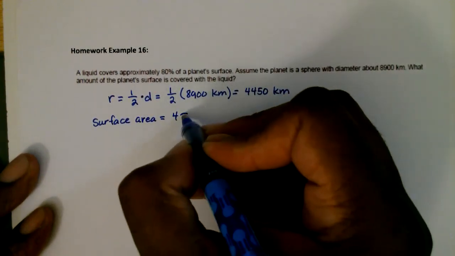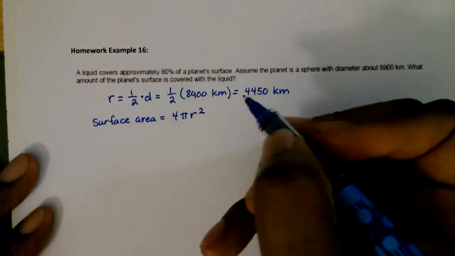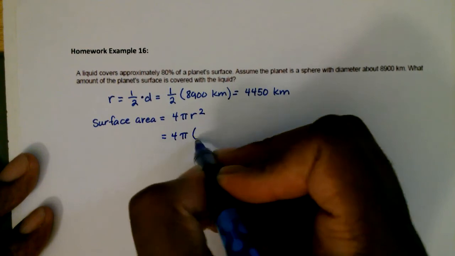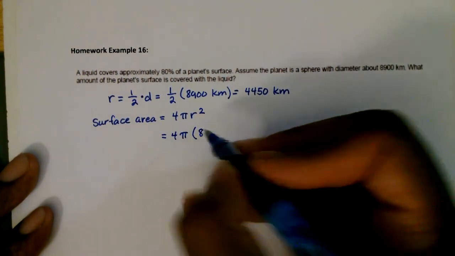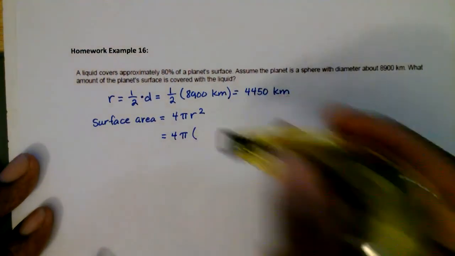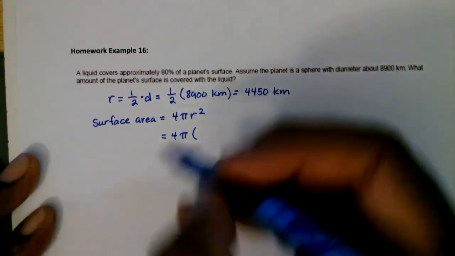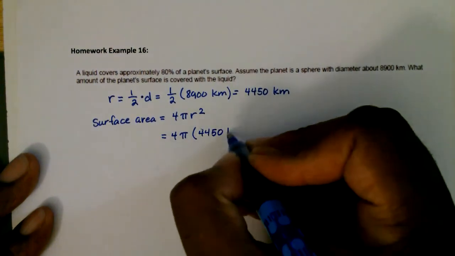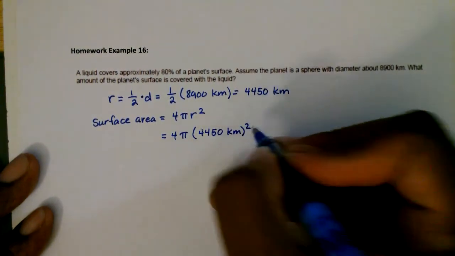Which is, of course, 4 pi times the square of the radius. So I'm going to bring down the 4 pi times 4,450. The radius is 4,450. And that's going to be squared.